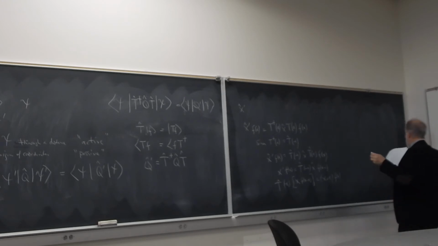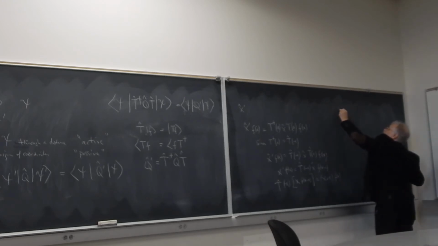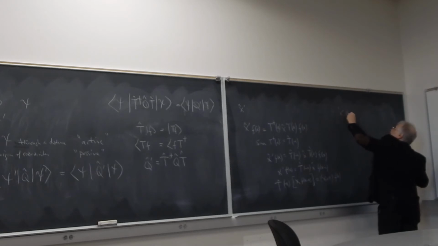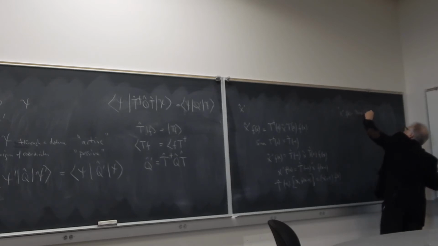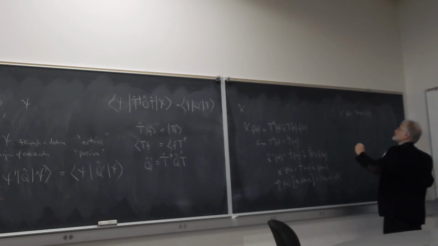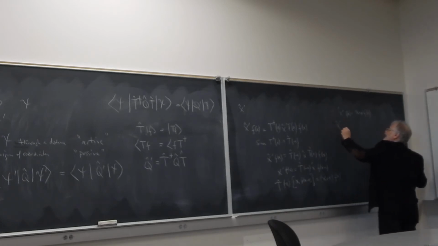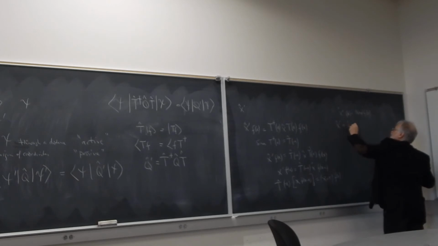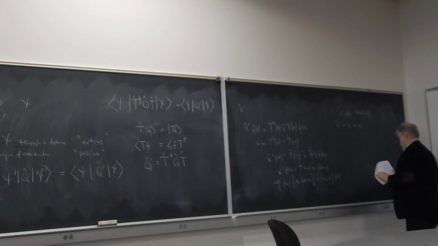What does that mean? That means that my translation of this x prime operator applied to f of x actually translates the function. I multiply the function by x plus a, which tells me that my translated operator x prime is equal to my initial operator x plus a.